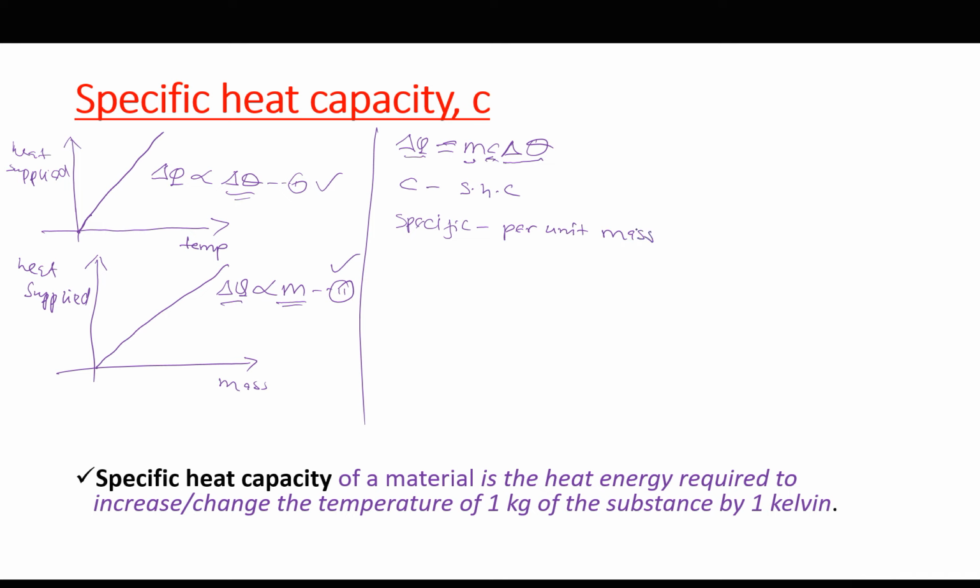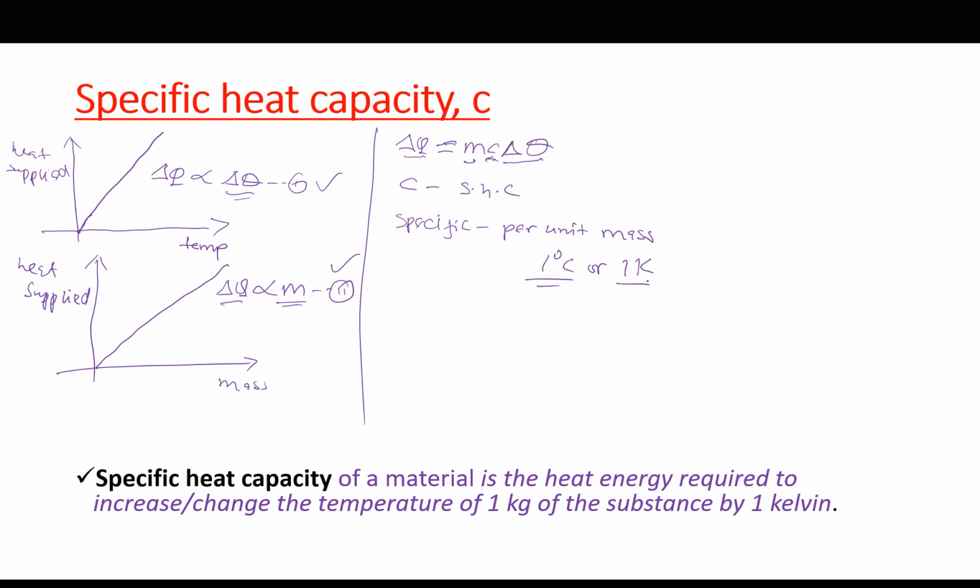So C is the specific heat capacity, and this is referring to per unit mass. So the numerical value of specific heat capacity of a substance is that amount of heat which is required to raise the temperature of a unit mass of the substance by either 1 degree Celsius or by 1 Kelvin.